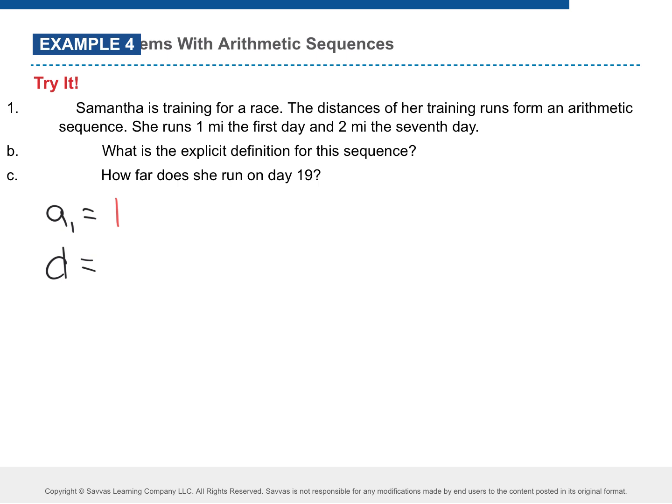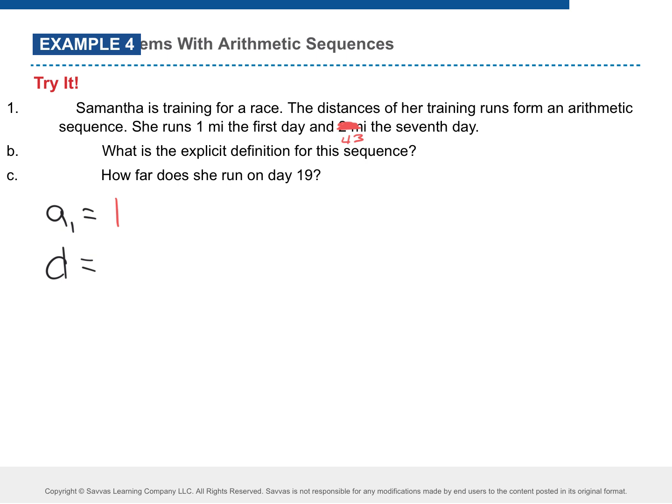I could not do that. Okay? I'm going to change this. On the 7th day, she ran 43 miles. What? So, on the 7th day, she had run 43 miles.